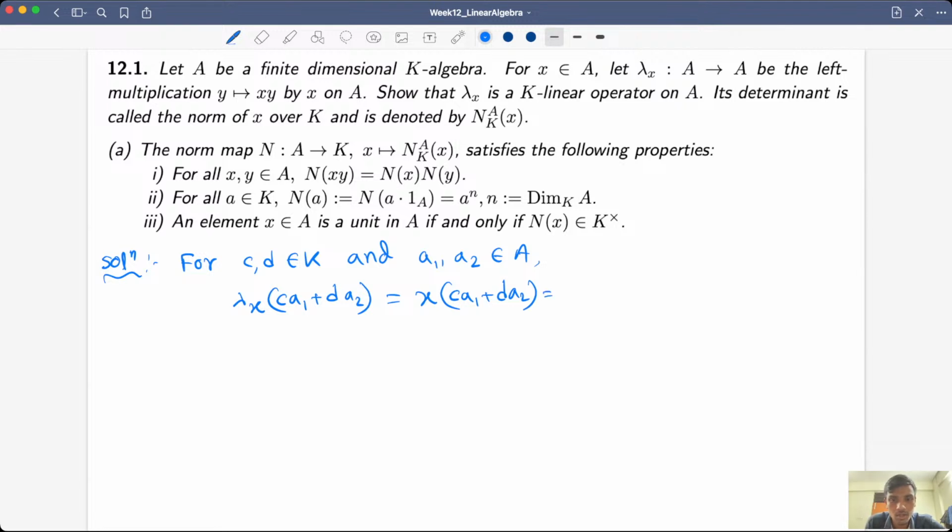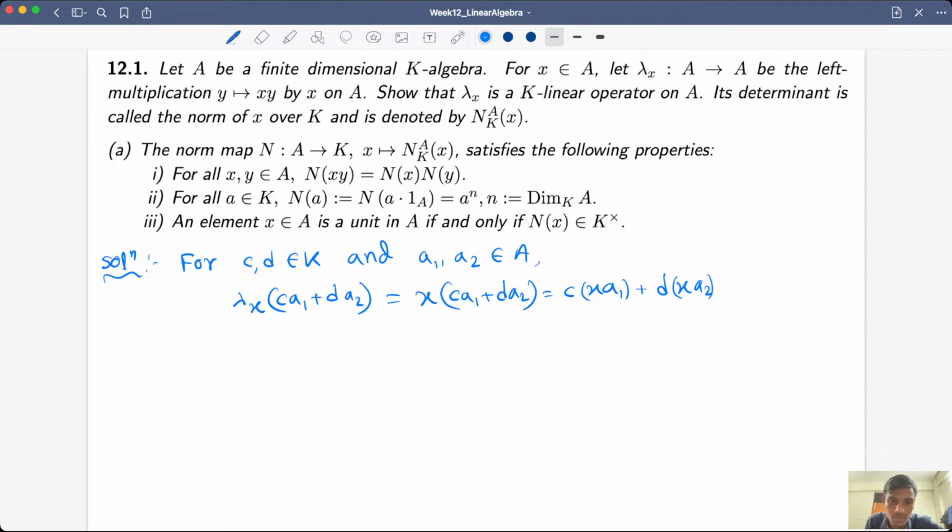So I'll have c into, like, distributive, and then if I have multiplied some element of K with x and then a, this is the same as x a1 plus d x a2. So this again I'm using two properties.